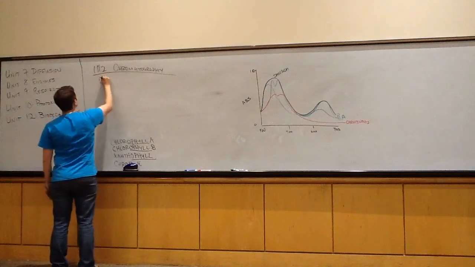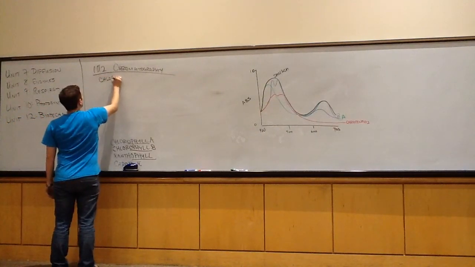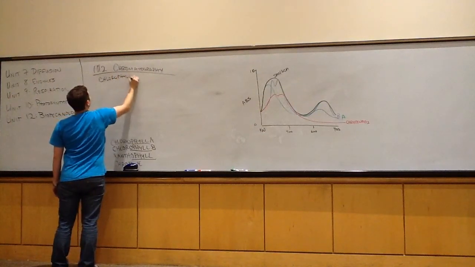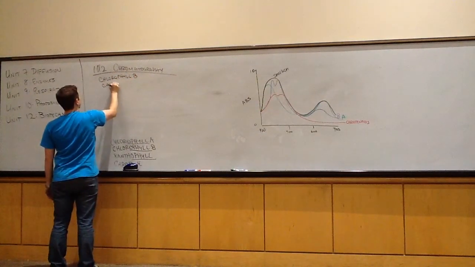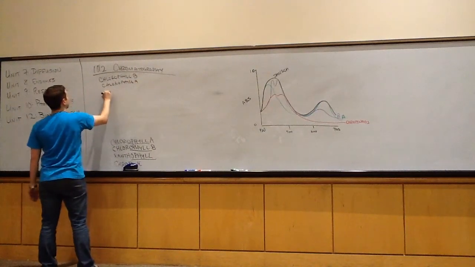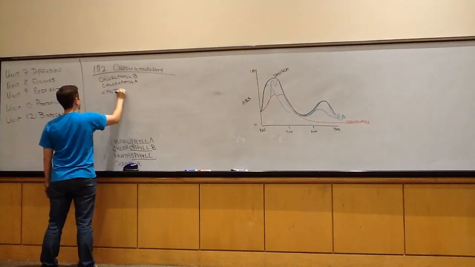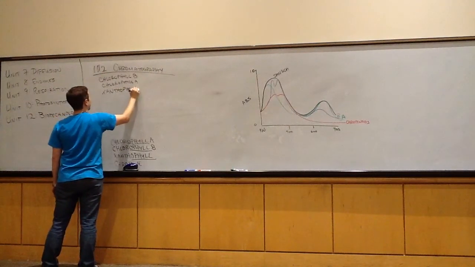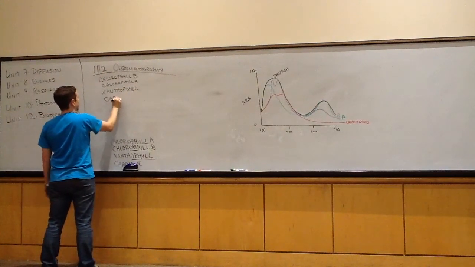So, we have chlorophyll B, chlorophyll A, xanthophyll, and carotene.